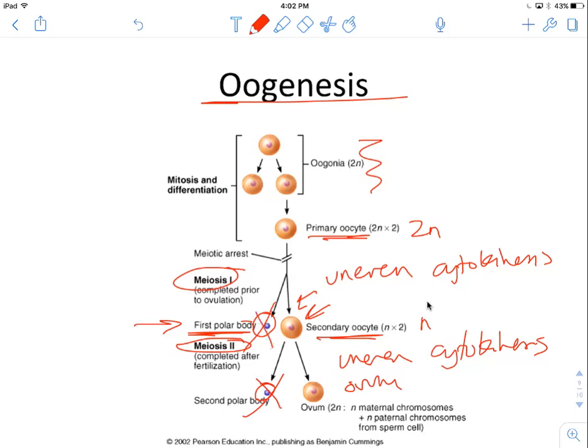We don't use these. They get junked. We use this one, and that is what encounters the sperm and undergoes fertilization to become a zygote and eventually a new organism. Okay? So whereas spermatogenesis produces 4 haploid sperm, oogenesis produces 1 haploid egg and 2 or 3 polar bodies.